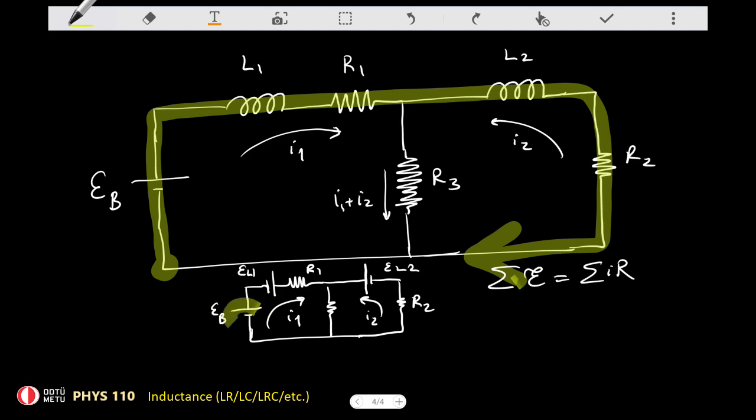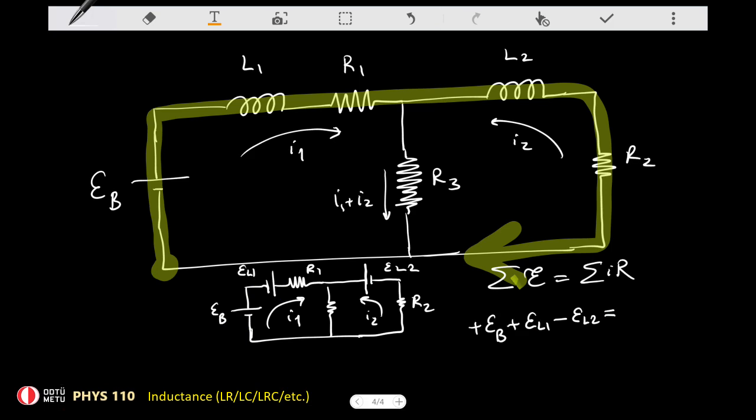I pass over the battery in the positive polarity. I pass over the first inductor in the positive polarity. I pass over the second inductor with a negative polarity. So that means when I'm writing the EMFs in here, I'm going to write plus EB plus EL1 minus EL2.